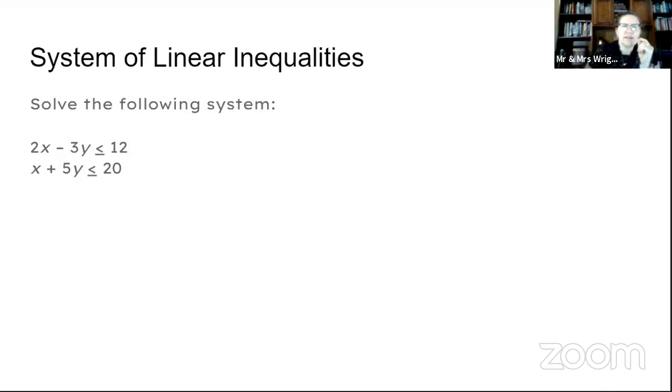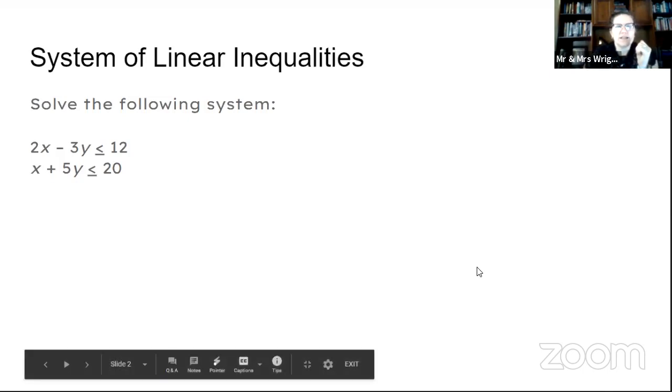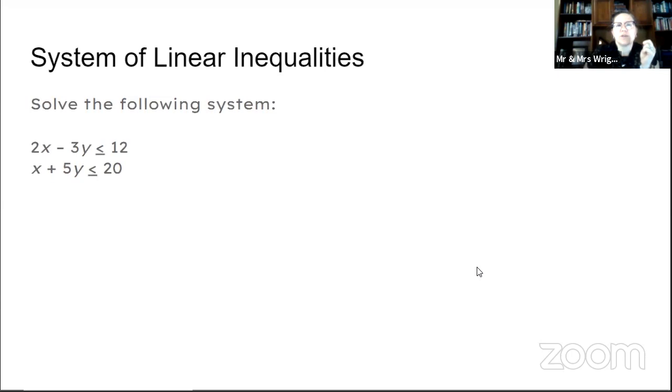The main thing that you have to do with a system of inequalities is we're going to solve it just like before. We're going to graph our system of inequalities. And because they're inequalities, remember when we graph inequalities, we have to shade in the region of the inequality.